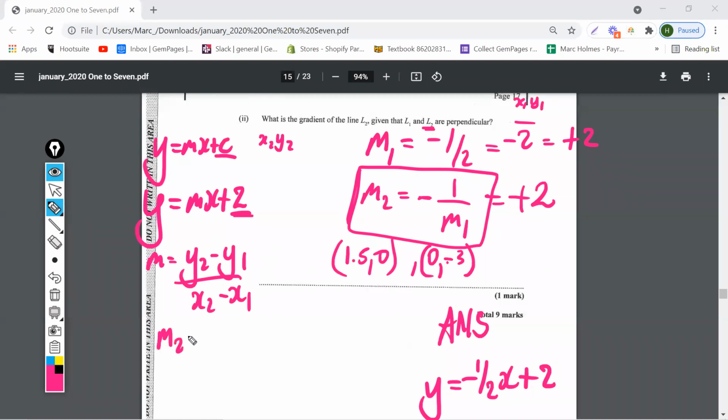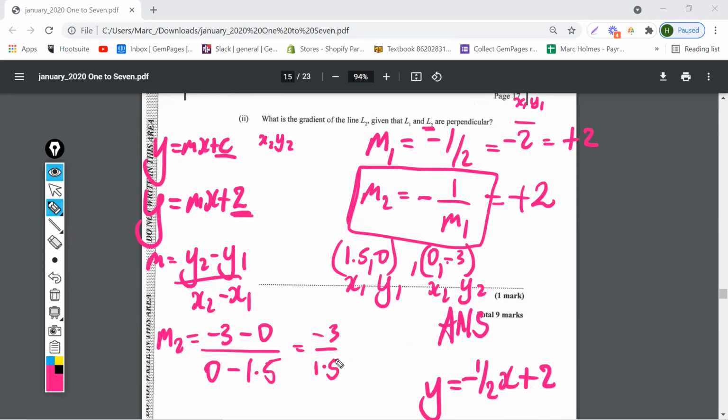So you can say M2, which is the gradient for the other line, is, this is x1, this is y1, this is x2, this is y2, and y2 minus y1 over x2 minus x1. So we'd end up with minus 3 minus 0 over 0 minus 1.5, which would be minus 3 over minus 1.5, which is 2.